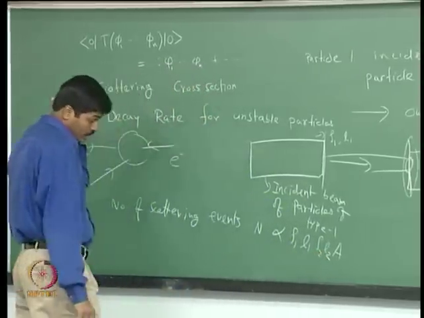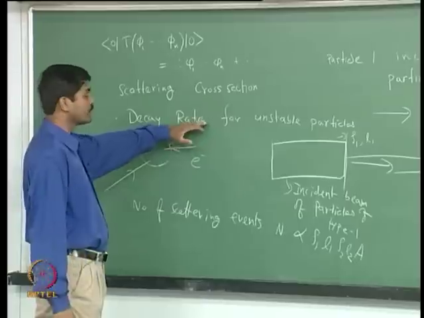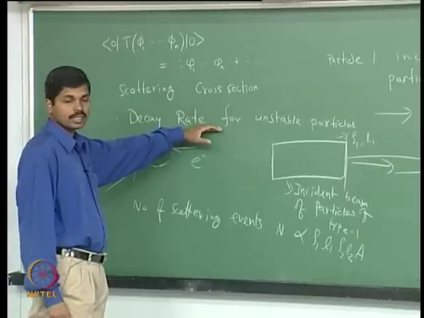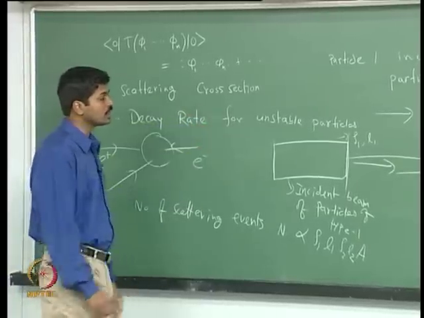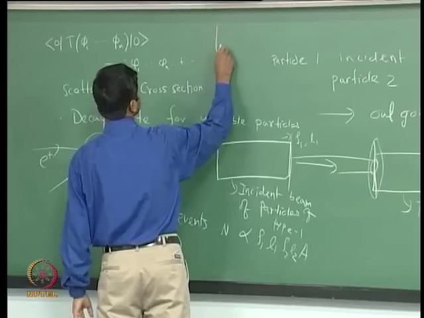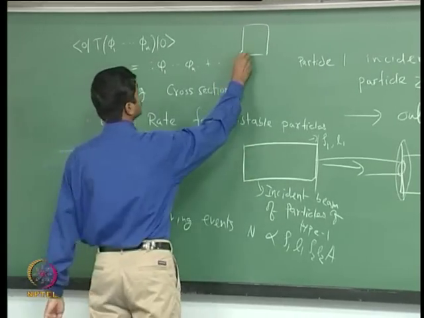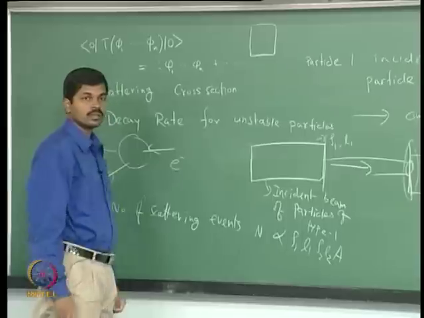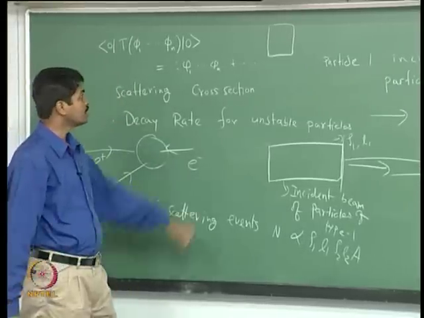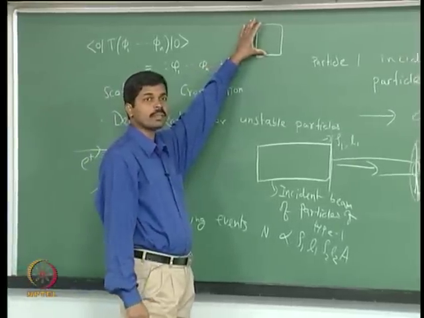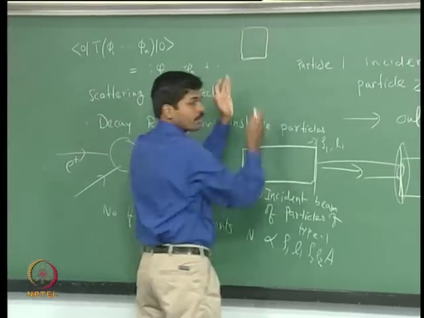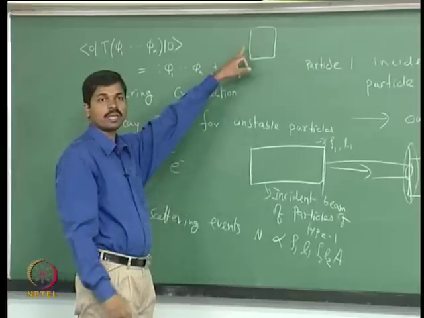Similarly, when a particle decays, the formula for the decay rate is even simpler. You consider some unstable particles here, and there is a probability that one of these particles will decay. This decay rate will depend on the size of the system, the total number of particles.